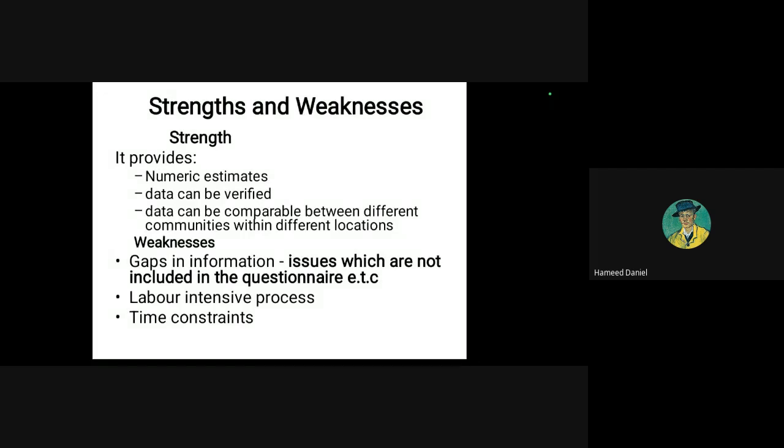So their perspective, whatever it is that they think, is not going to be reflected. It's just what you want to know that you are going to find out. I don't know if I make sense. Do I make sense with that? Yes. Hello, do you all get that? Yes, I do. All right.